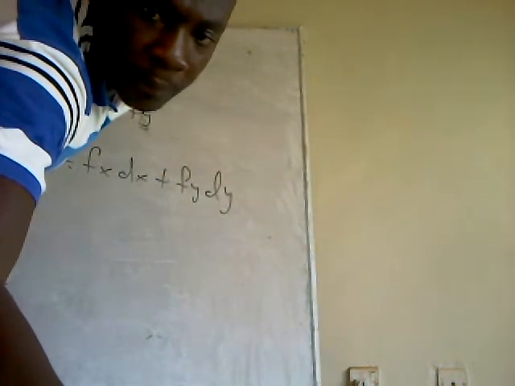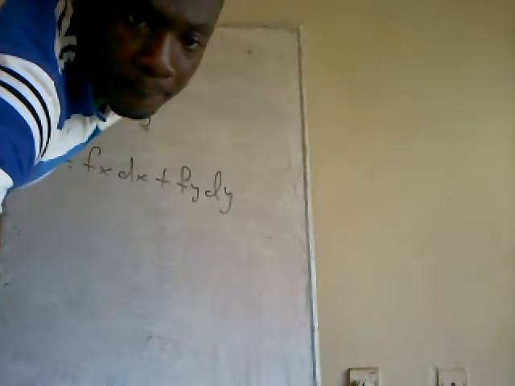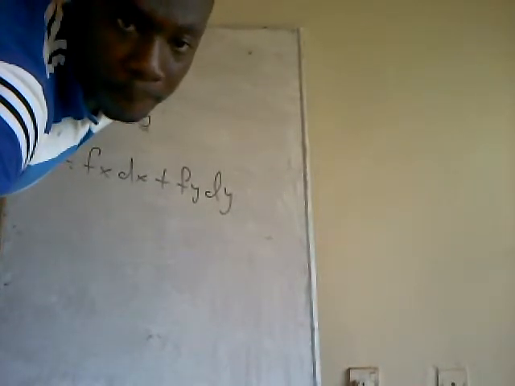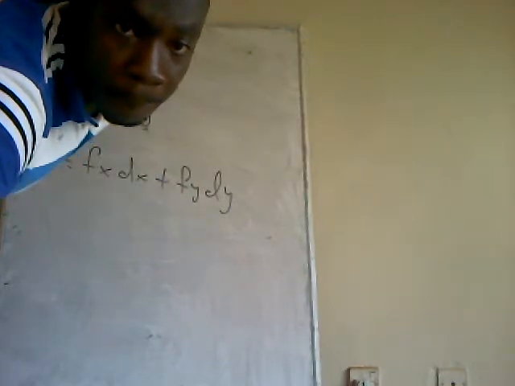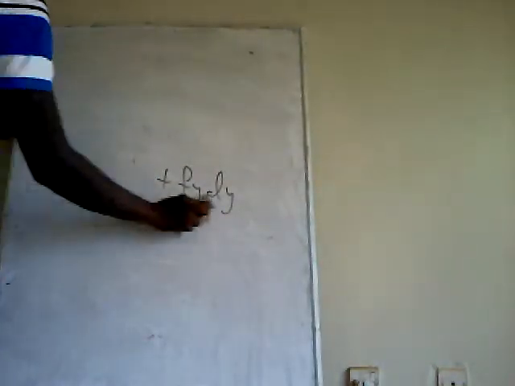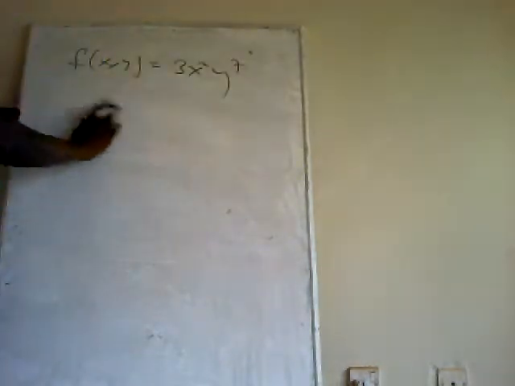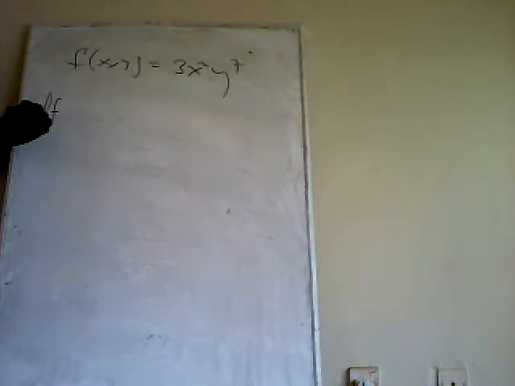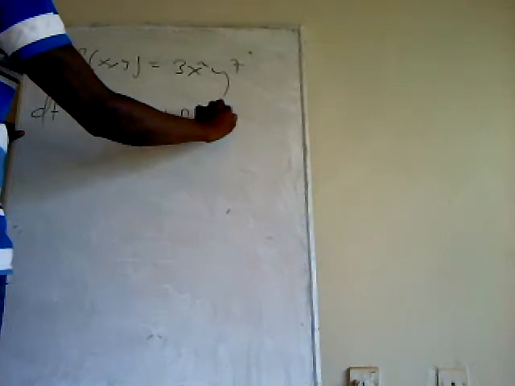Let's look at an example. If f of x, y is equal to 3x squared y to the 7, then df, which is the total rate of change, we said was fx dx plus fy dy.